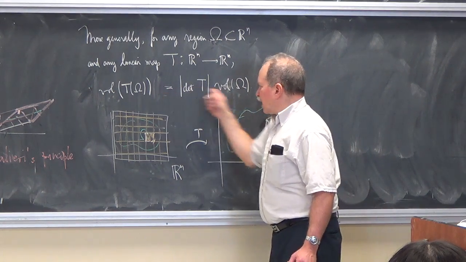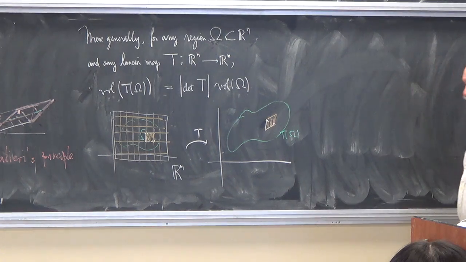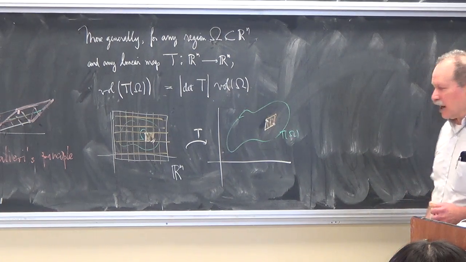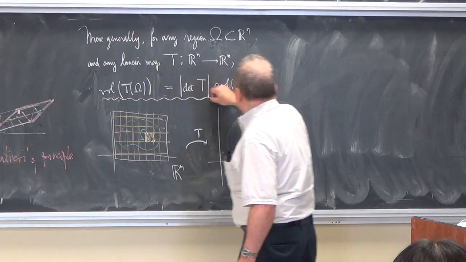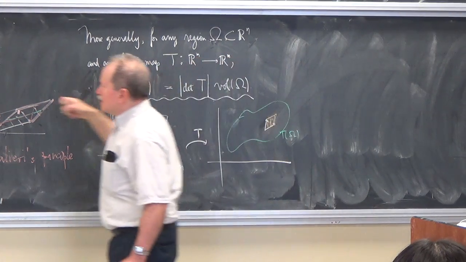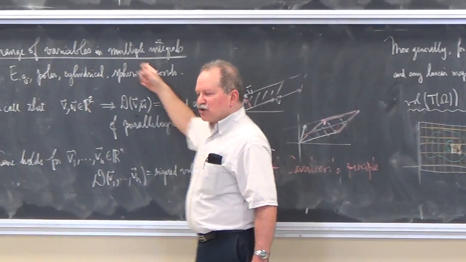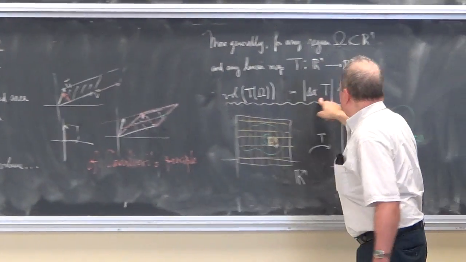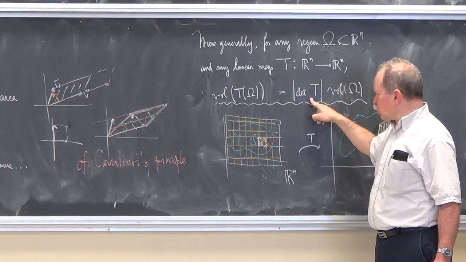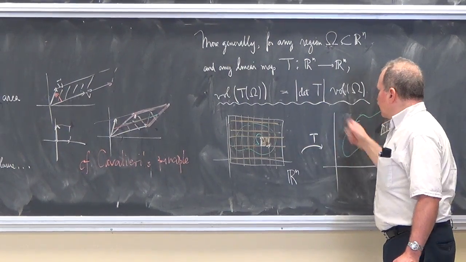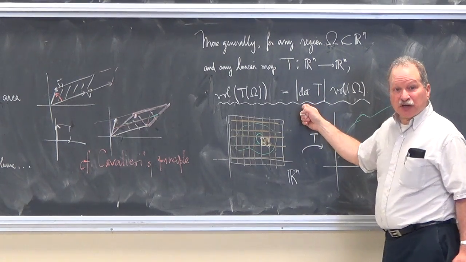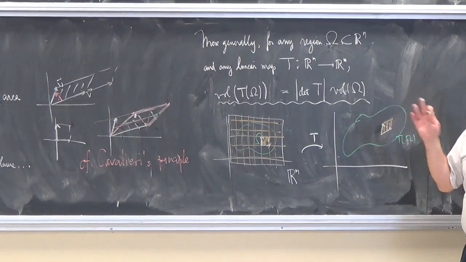So this formula actually can be proved more carefully, and if you look at the book, it's written out there. But this is meant to suggest to you that you should expect determinants to show up if you're trying to distort under some sort of mapping. You take a region and map it, then you expect the absolute value of the determinant to show up when you want to relate the volumes.